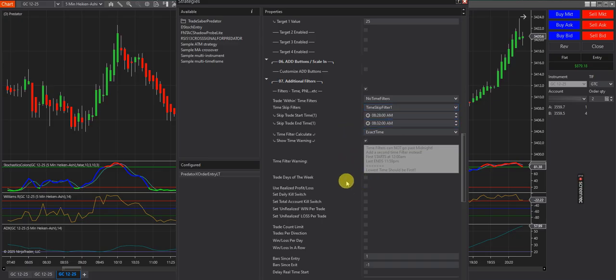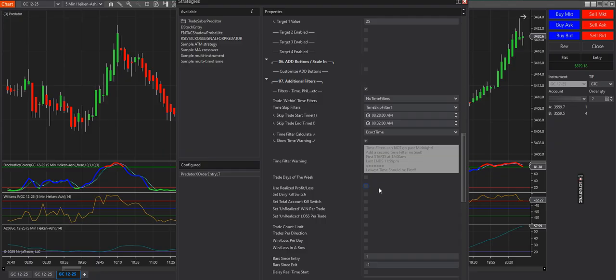There's other features here. You can trade a specific day of the week. You can also set a realized profit and loss. This is good trading management. If you have a good strategy and you want to set a target goal that you want to reach, a daily profit.